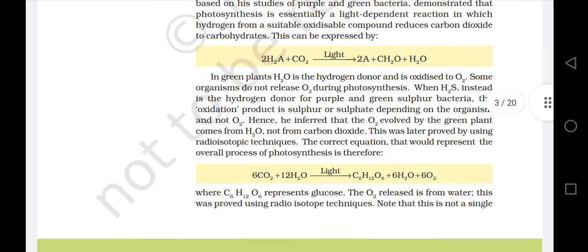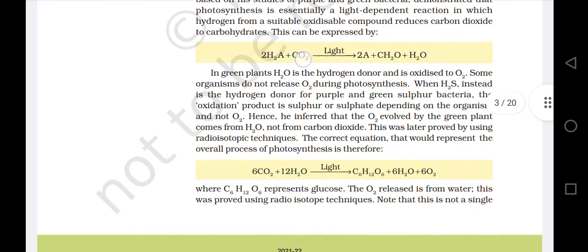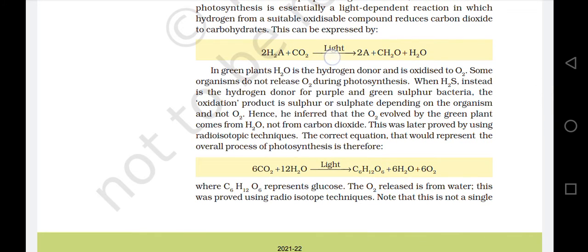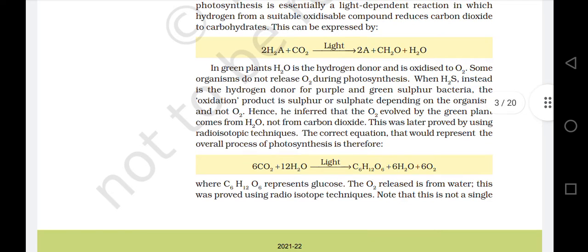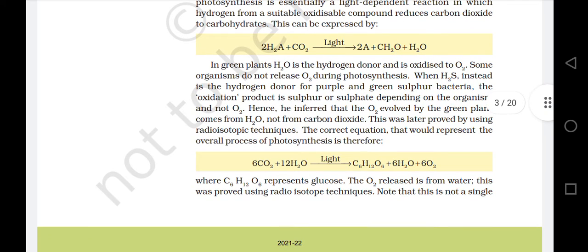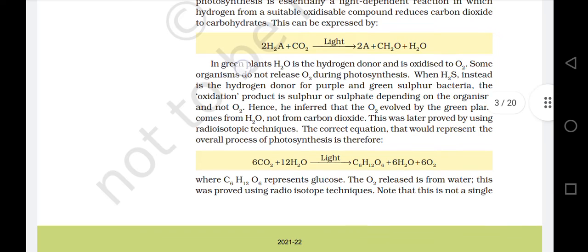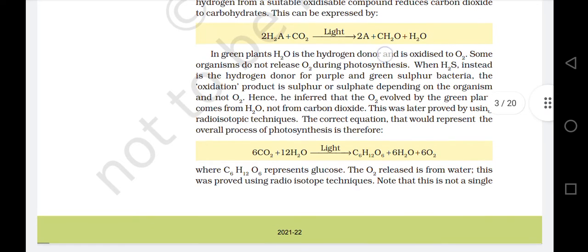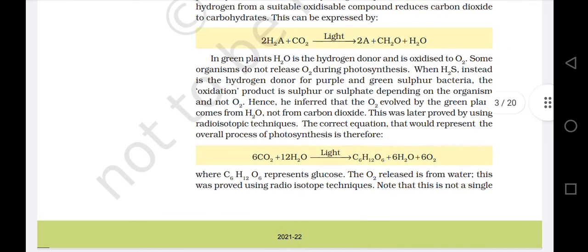This can be expressed by 2H2A plus CO2, in the presence of light, gives 2A plus CH2O plus H2O. In green plants, H2O is the hydrogen donor and is oxidized to oxygen, O2.